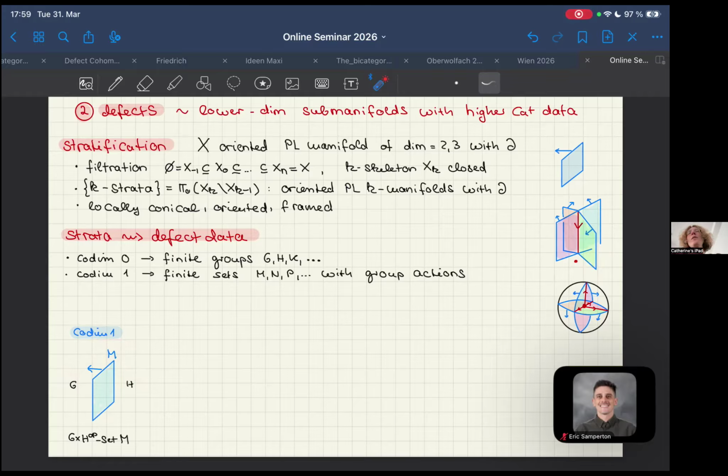Okay, how do I know that this is the most appropriate defect data? It's not the most general defect data we can consider. We could consider already in Dijkgraaf-Witten TQFT twisting with the cocycle, and we could also here consider twisting with the cocycle. But up to that, we do not twist here, it's the most general data.